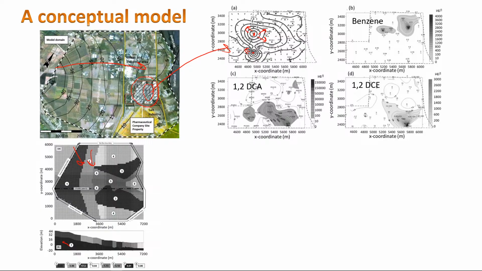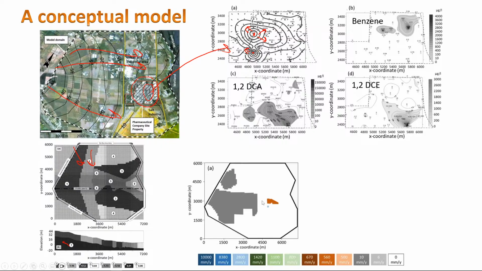There is a source of water, and probably this source of water would be a broken pipe. So there is a broken pipe in the subsurface, and this broken pipe is constantly recharging my subsurface. I have this general flow pattern in my model domain, but only in this part I have this local flow pattern because of this recharge source. So that would be one hypothesis, that there is a broken pipe here.